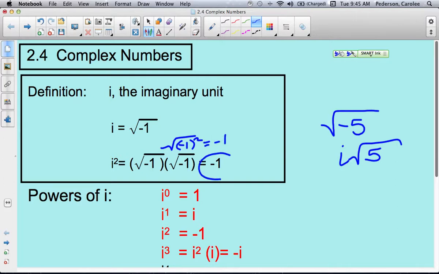So the rule is, if you see an i squared, replace it with -1. If you see a radical with a negative, remove the negative and throw an i out in front of that radical. Do you remember that from Algebra 2? These are imaginary numbers, complex numbers.